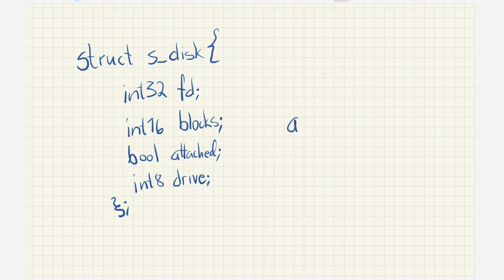I will have a function which is called attach, and the attach function will take in the drive number as input, and it will provide one of these structures as an output if it's successful. And I will also have a detach function which does the opposite, and I will prefix these with a D to indicate that these are disk operations.